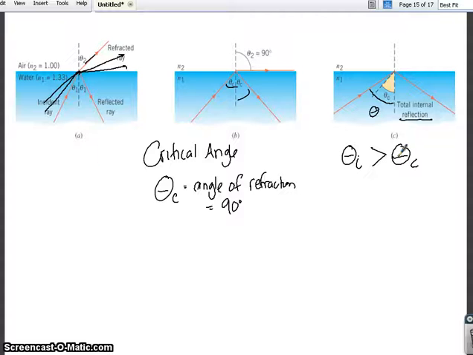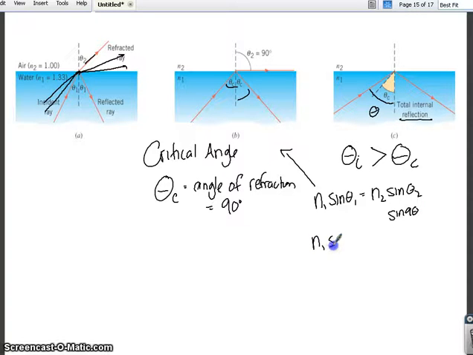And so what we have here is, if we take Snell's law, we have n1 sine theta 1 equals n2 sine theta 2. If we want to know the critical angle, so I'm kind of heading back to this picture right here, if theta 2 is equal to 90, sine of 90 is just equal to 1.